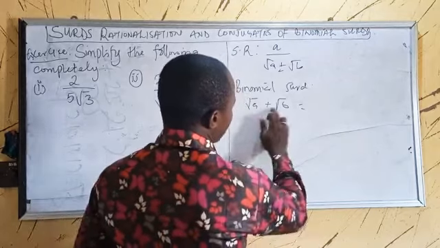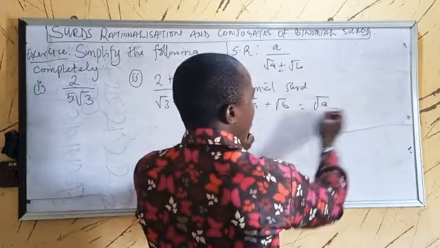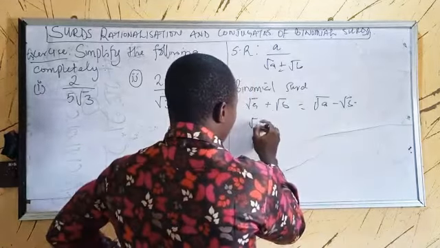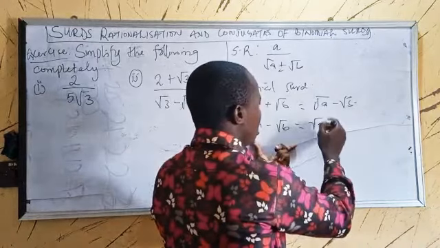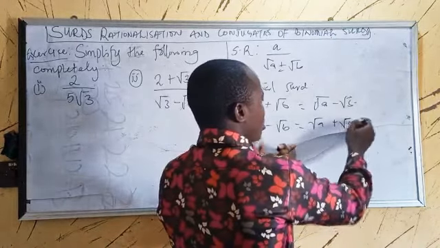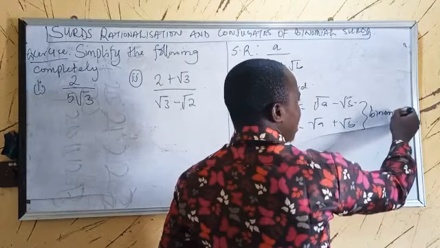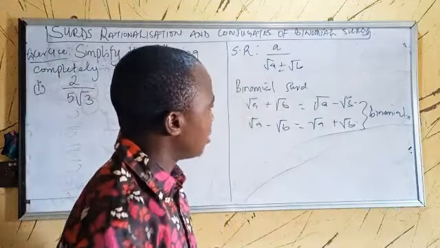Like let's say we have this, the conjugate of this will be root a minus root b. If it is root a minus root b, the conjugate of this one will be root a plus root b. So that is what is called a binomial surd and its conjugate.